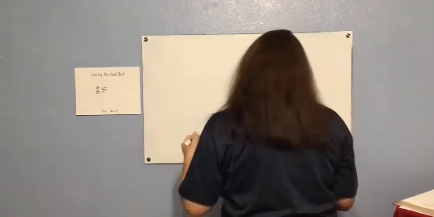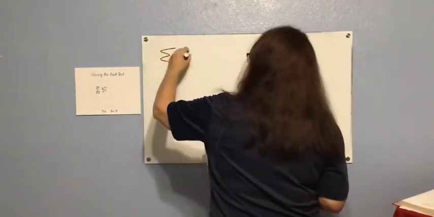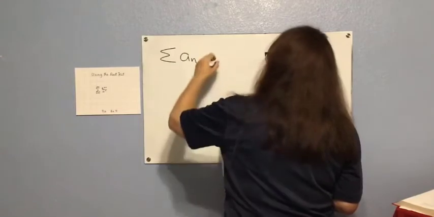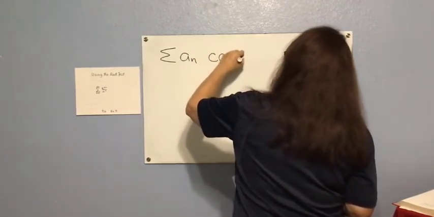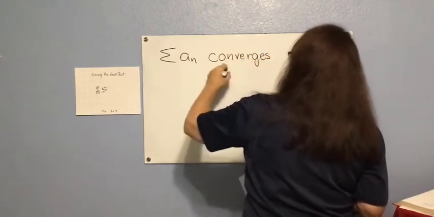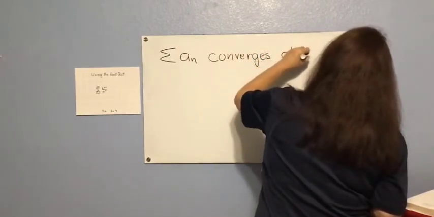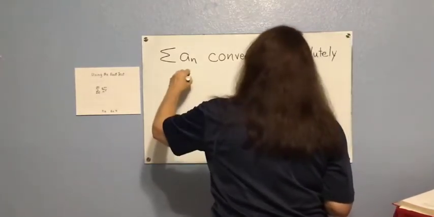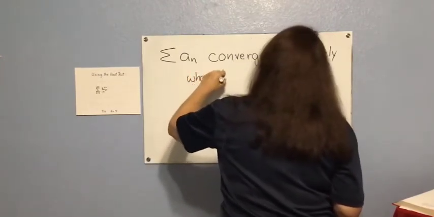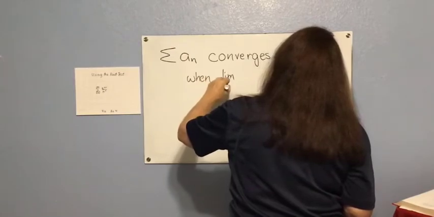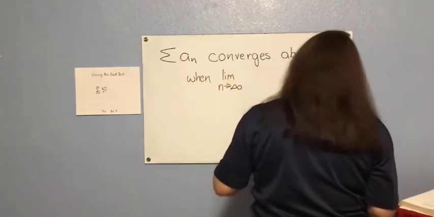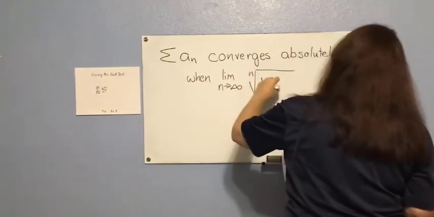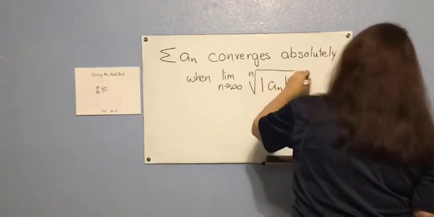If I have a series a sub n, it converges absolutely when the limit as n goes to infinity of the nth root of the absolute value of a sub n is less than 1.